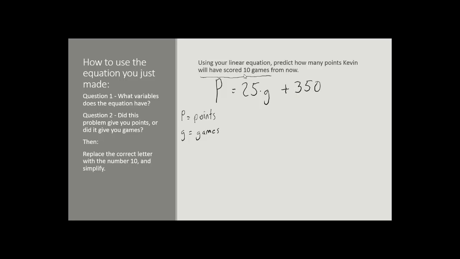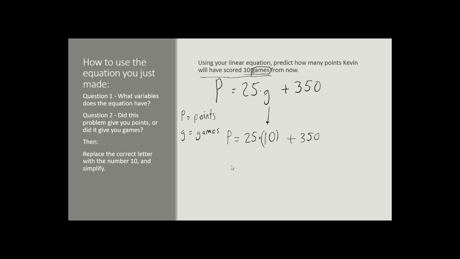Now the question says that it is 10 games, so instead of writing G, let's write 10 instead. The rest of the equation stays the same. It is P equals 25 times 10 plus 350.